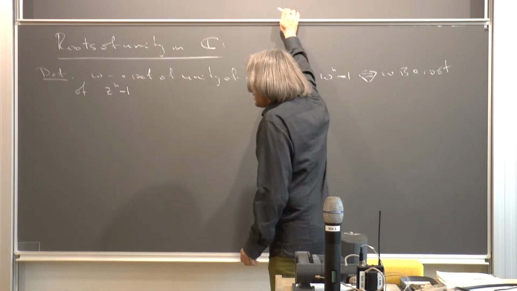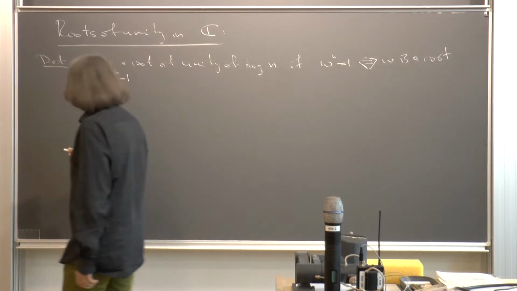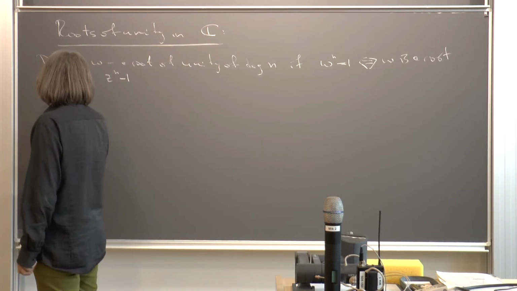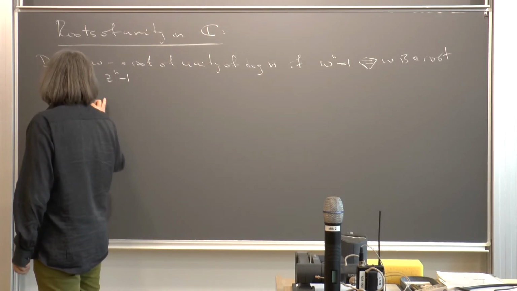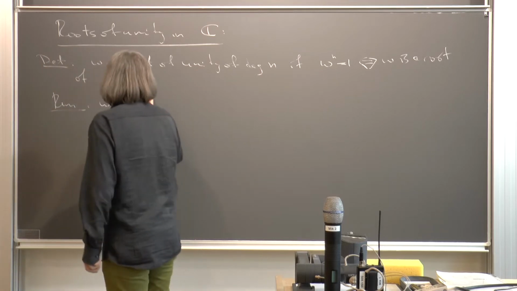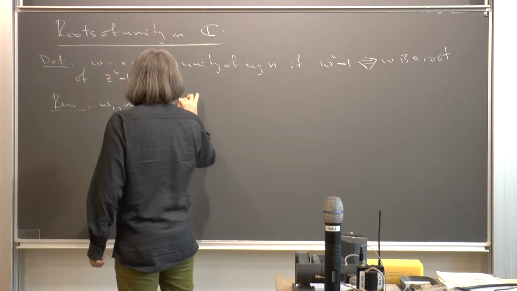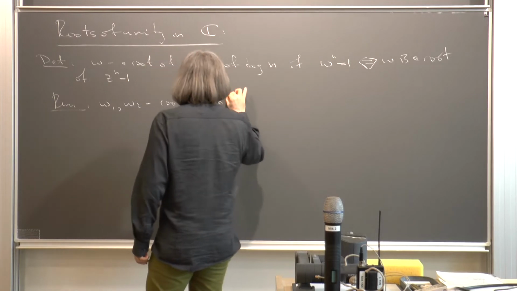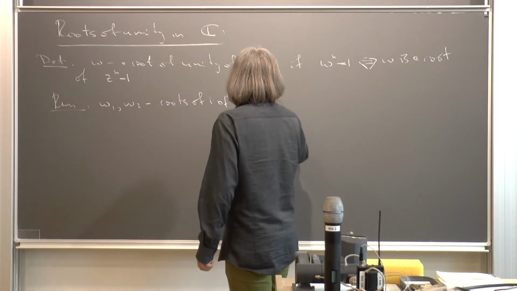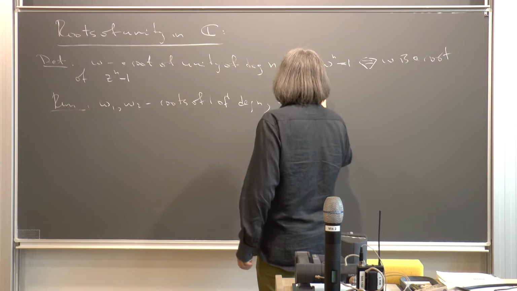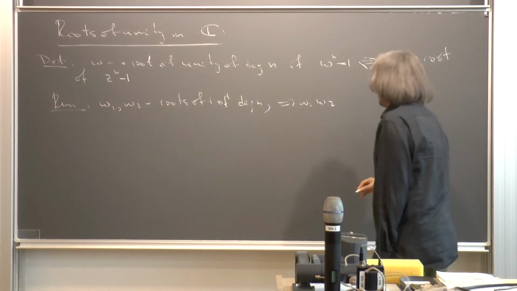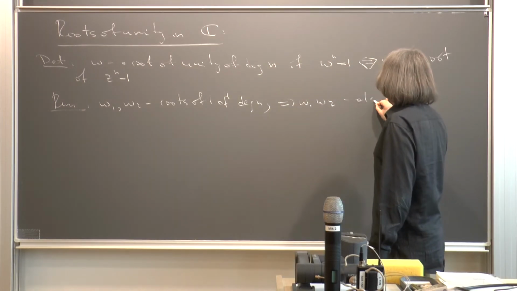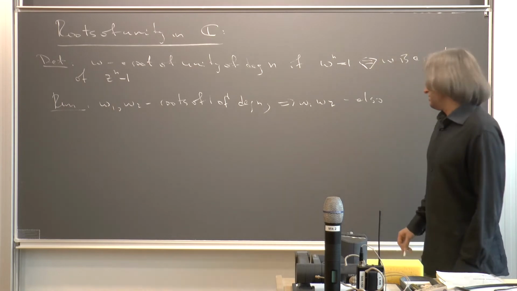A few remarks will be used to some extent. If omega 1 and omega 2 are roots of 1 of degree n, then their product is also such a root of unity of degree n.